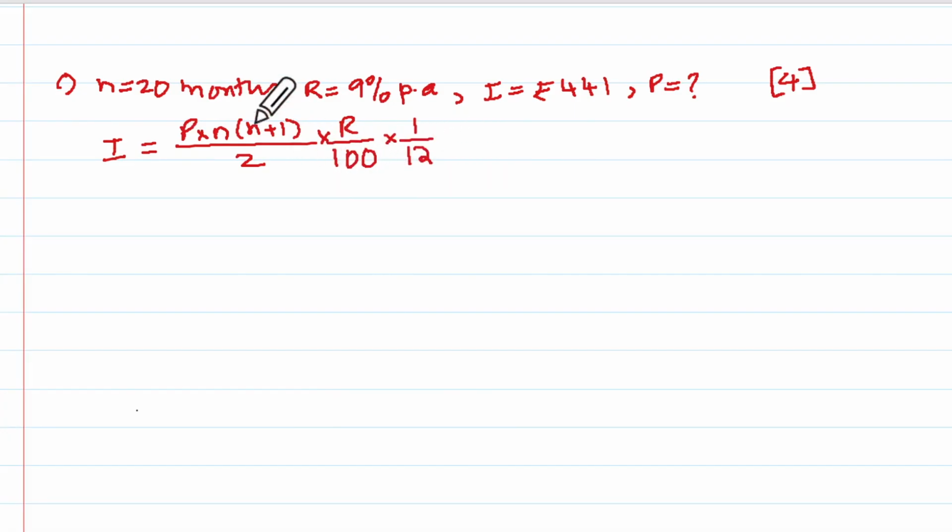Don't use that, because then you forget to understand that this is the total 1 month principal into R upon 100 into T. So this is the simple interest calculated on total principal of 1 month. Can you see PRT? It is time is always 1 upon 12.